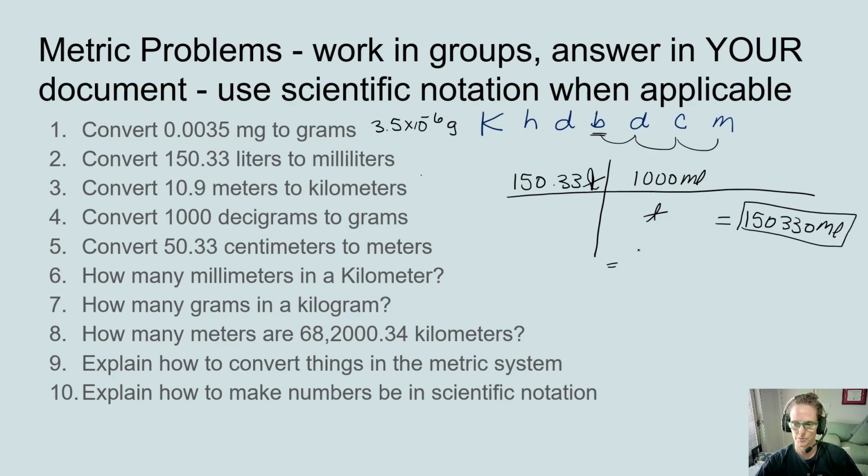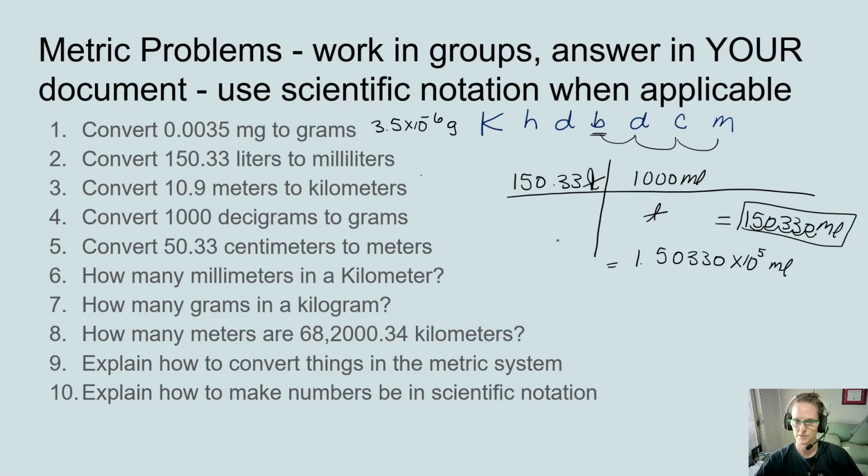And then I need to put that in scientific notation. So that's equal to 1.50330 times 10 to the however many decimal places I had to move. So here's the decimal point, 1, 2, 3, 4, 5, because scientific notation always has one number to the left of the decimal. So I had to move it 5 times.